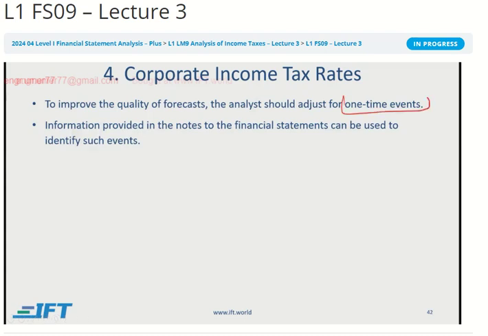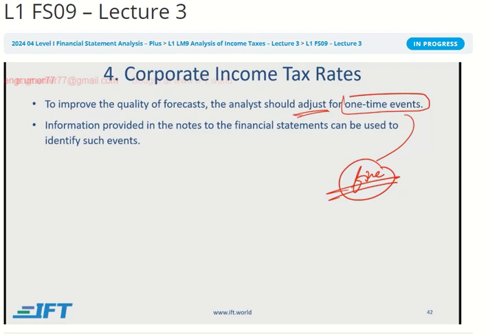If there are one-time events, let's say there was a payment of a one-time fine, which is why the effective tax rate was different from the statutory tax rate, but that was a one-time thing and it's not going to happen again. So as an analyst, we shouldn't take that effective tax rate, which was higher because of that one-time fine. We should adjust for that or remove it before we make our forecasts, right?